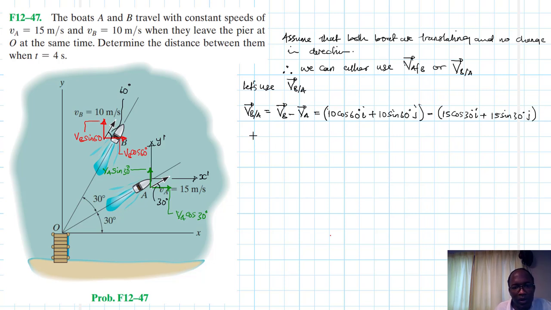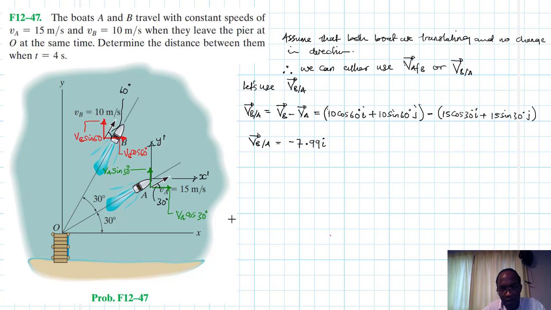Alright, therefore our VBA is going to be equal to, let's sum this up. We have 10 cos 60 minus 15 cos 30. What do we get? We get minus 7.99 i.